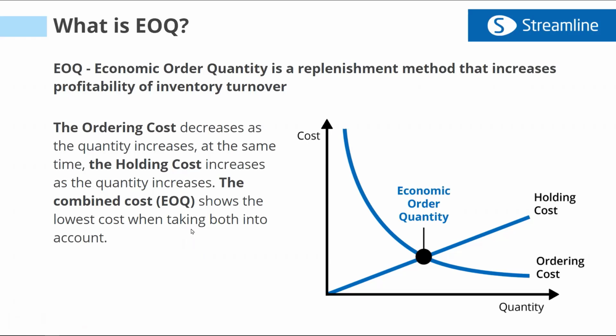If we look at the plot, holding costs increase if we purchase more, while ordering costs decrease when we purchase larger batches. There are a number of reasons for that, including transportation costs that decrease for larger batches, and also purchasing costs because larger batches cost less.